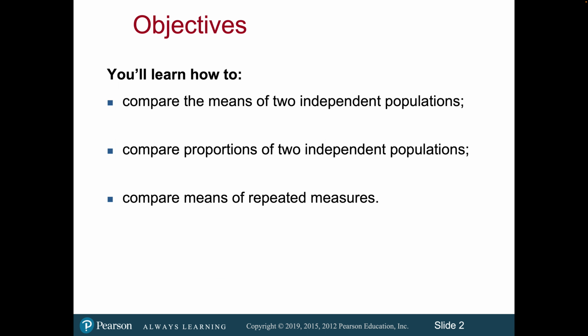What we're going to learn in the next 3 videos: the purpose of this video is to teach you how to compare the means of 2 independent samples. The goals for the other 2 videos, actually those are reversed, we'll compare means of repeated measures second, and then compare proportions third. So that's coming up in future videos.